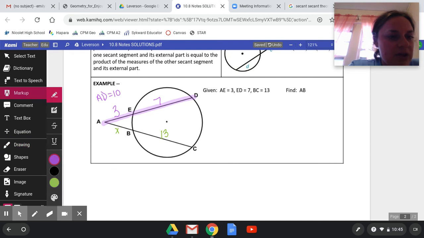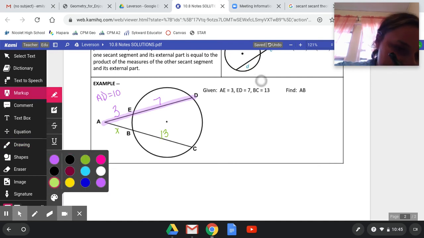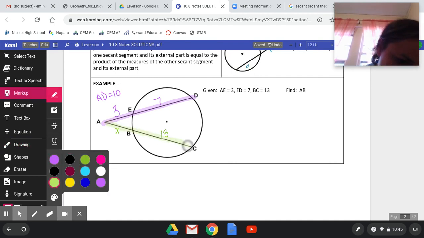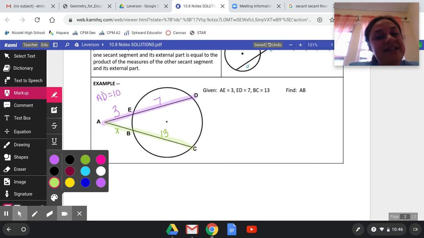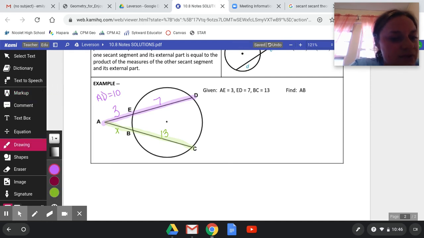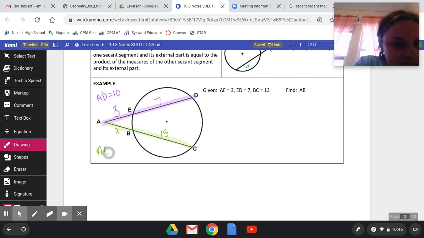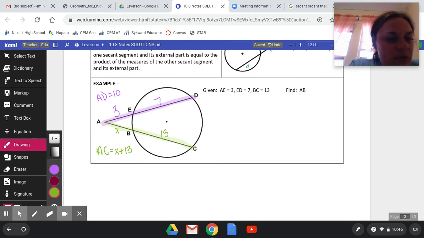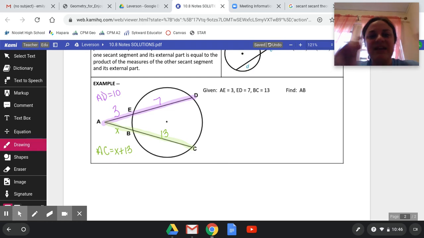And then I'm going to do the same thing for the other side. I know that this whole side, AC, is going to be useful to me later. So I need to add them together. AC is equal to X plus 13. I just add them together. So setting up my equation, I take the outside part times the entire thing.